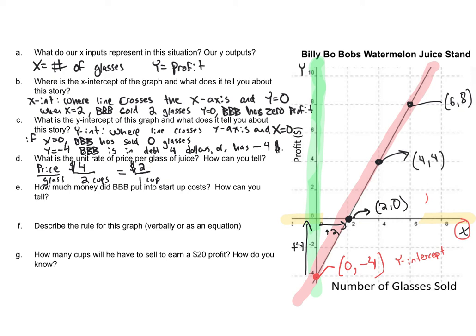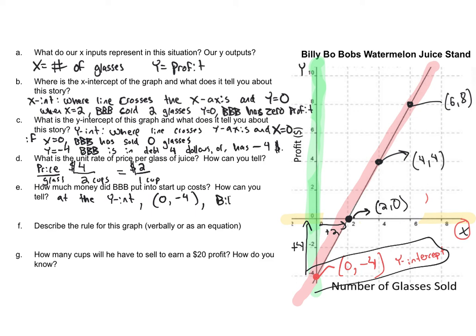E says, how much money did Billy Bob put into startup costs, and how can you tell? Well, we already kind of figured that out with our y-intercept. So our startup cost is at the y-intercept, which was the point when x was 0 and y was -4.